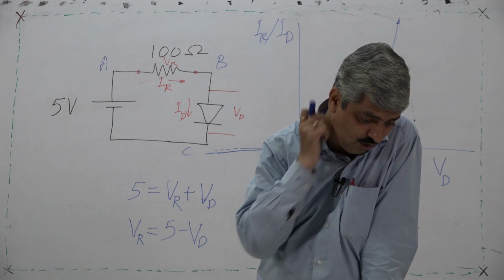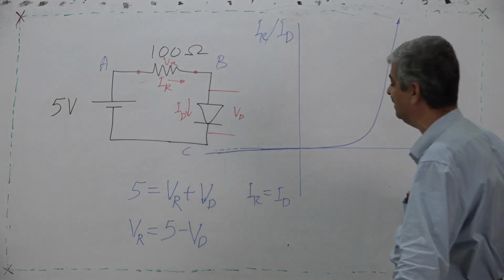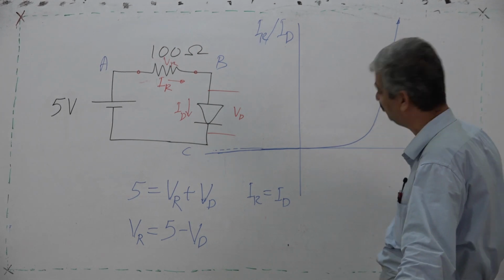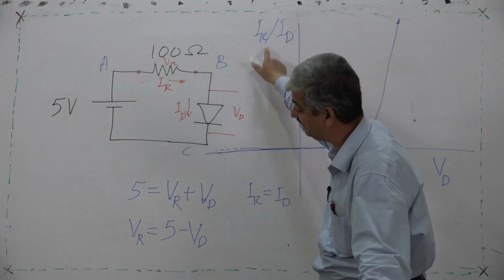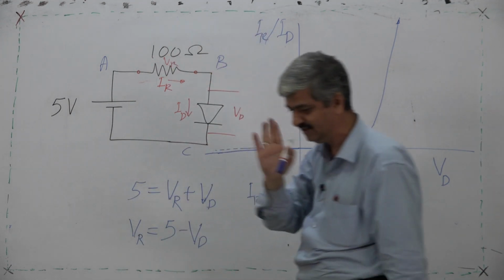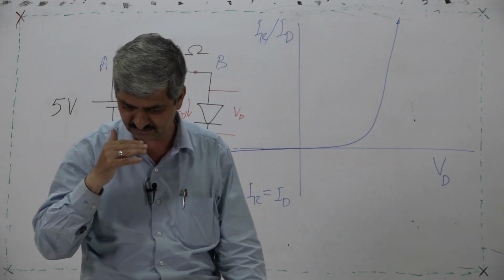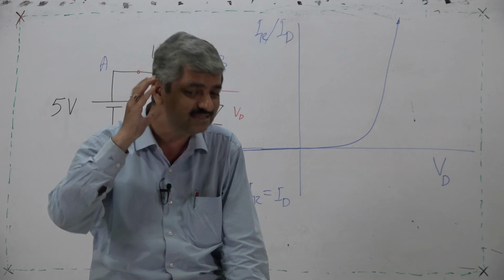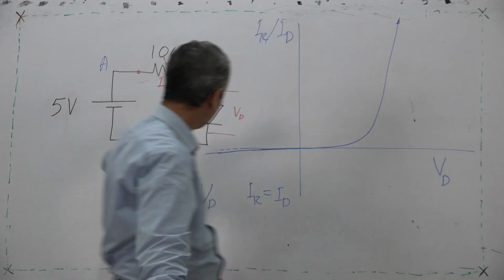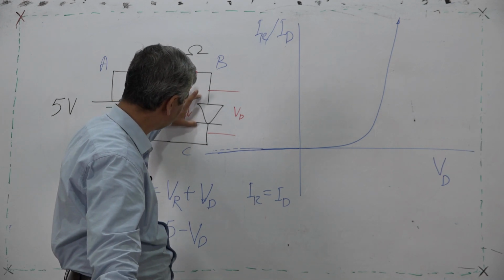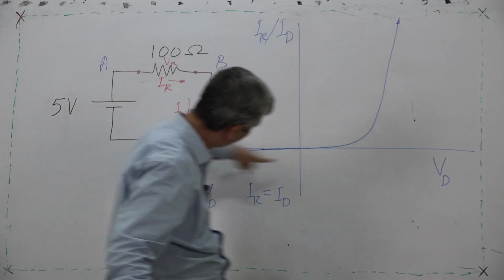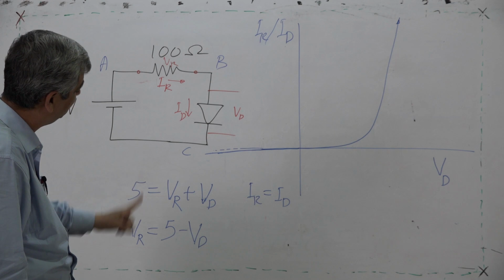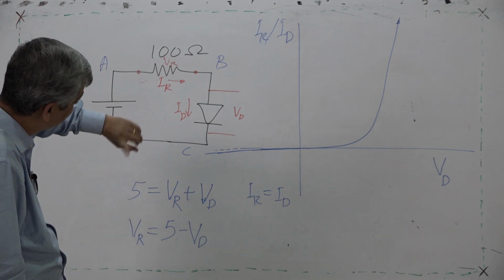We can't plot on this line, we have plotted VD on this line. Then with respect to VD, what would be the IR characteristic as required by the resistor? Listen very carefully. This is the diode load line to be explained to the student so that every student understands. This voltage across the diode and current through the diode, everybody understands. Now, what are we expected to go for? We are expected to go for plotting how the resistor behaves.